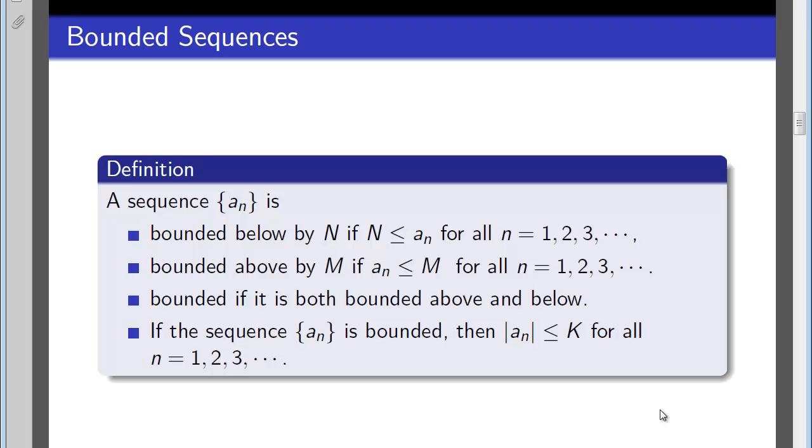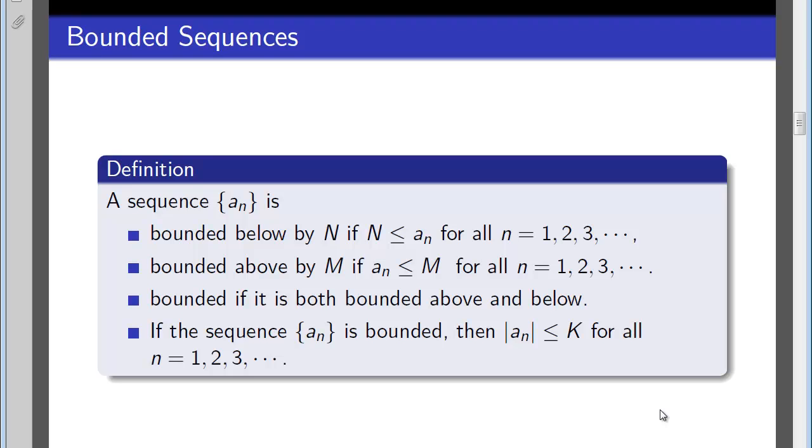If we consider the boundedness property, we are saying that a sequence is bounded below if all terms of the sequence are larger than some number n. That is, no element or term of the sequence can be smaller than n. The opposite condition gives us the bounded above property.